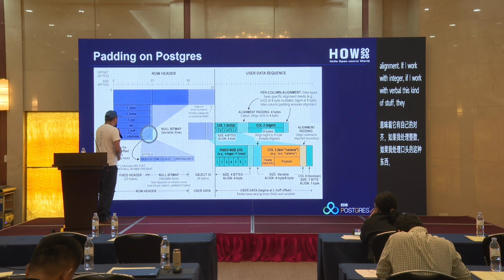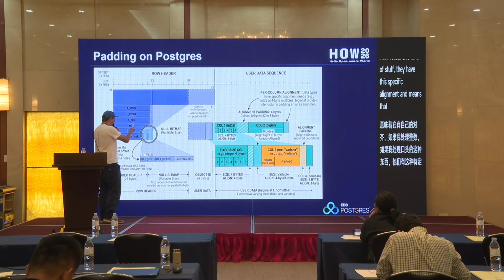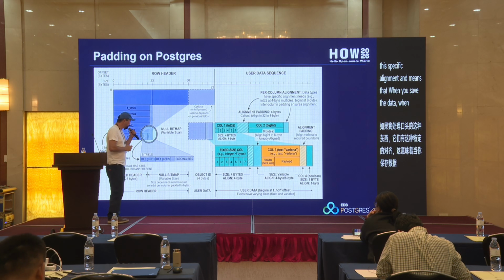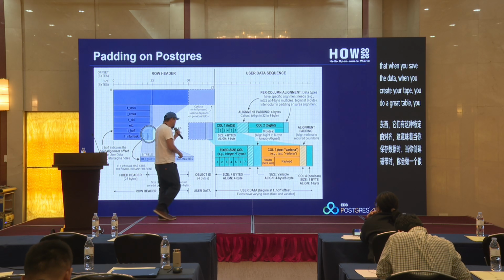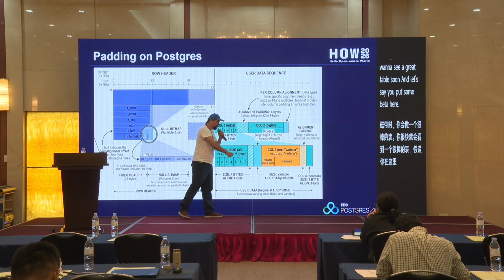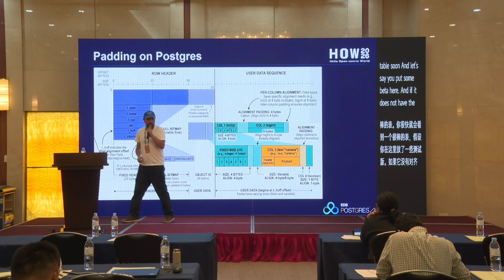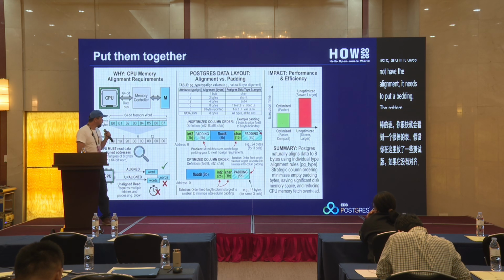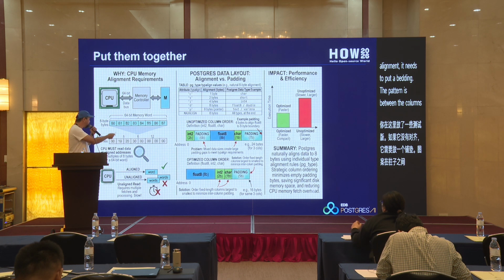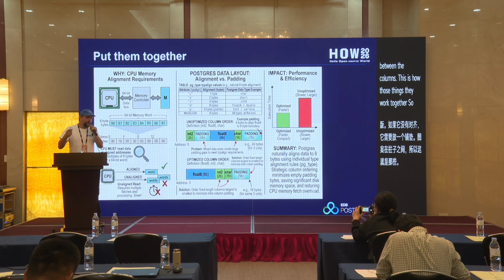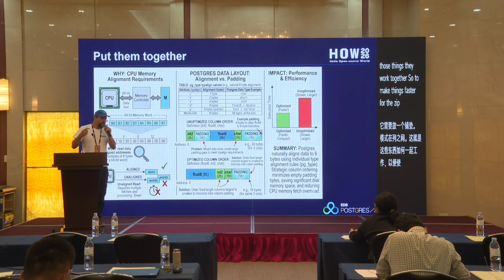And it means that when we save the data, when you create your table, you do a create table, we're going to see a create table soon, and let's say you put some data here, and if it does not have the alignment, it needs to put a padding. And the padding is between the columns. This is how those things work together. So, to make things faster, for the CPU not to do extra work, we do the padding.